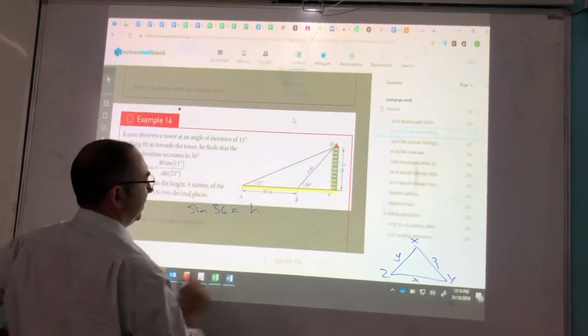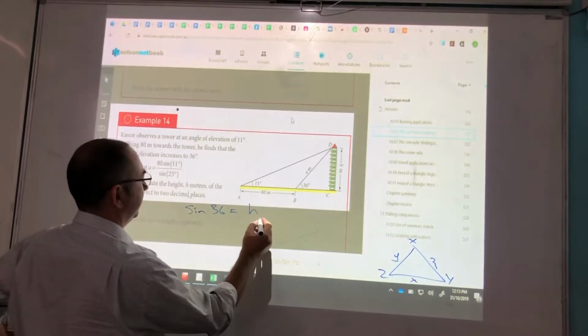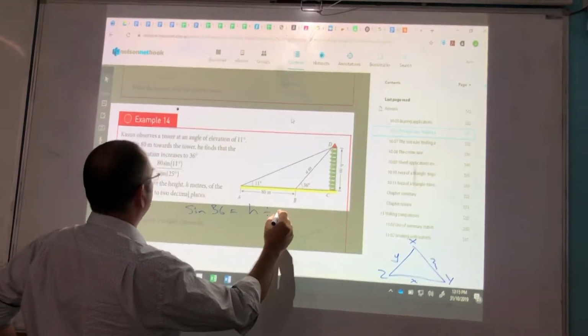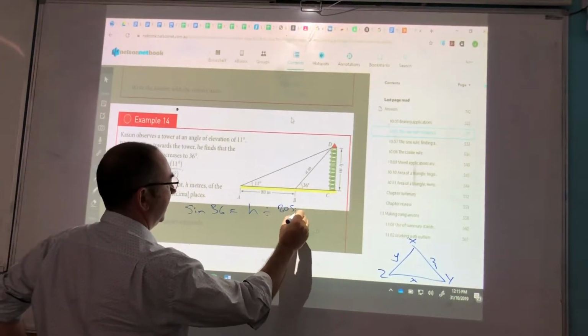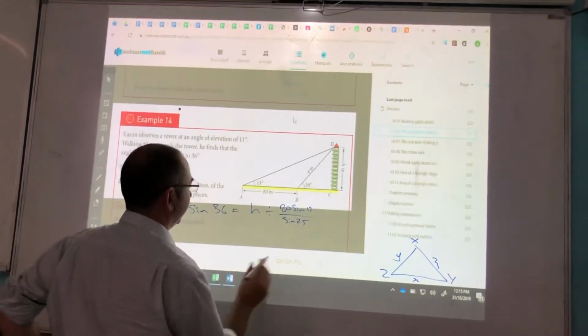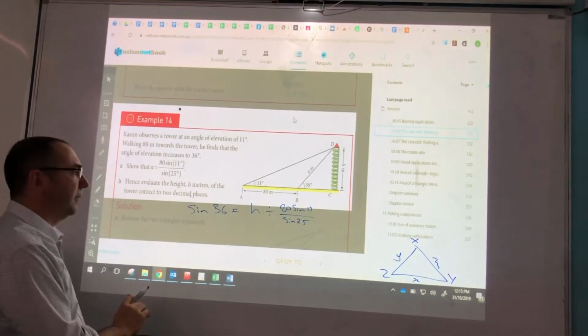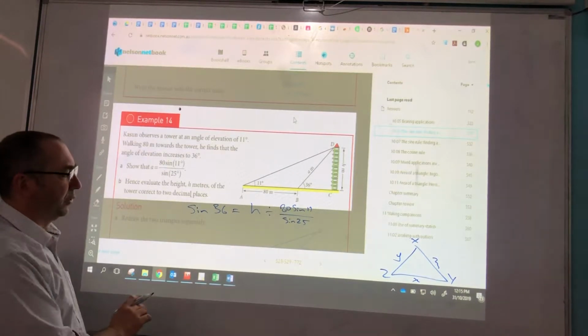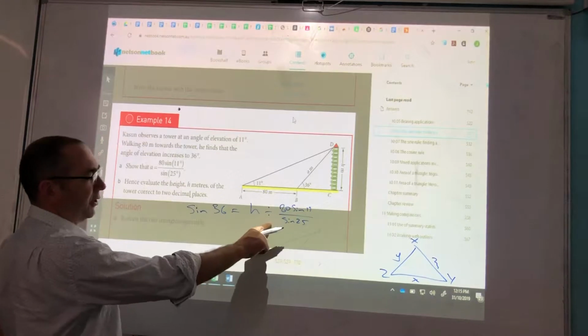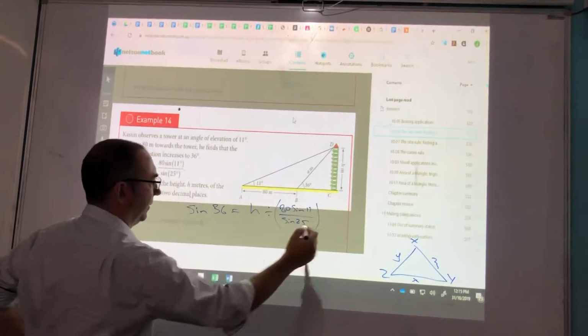So this is going to be tricky because I've got a double. I'll just do it h divided by 80 sine 11 over sine 25. We need to solve for h, which means multiplying both sides by this value.